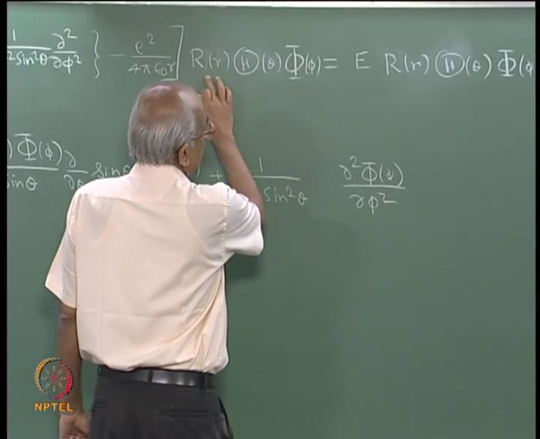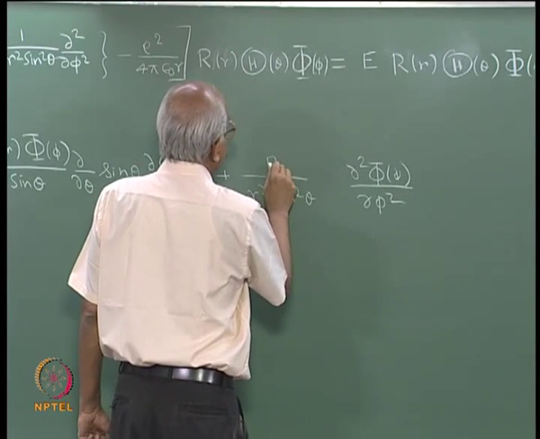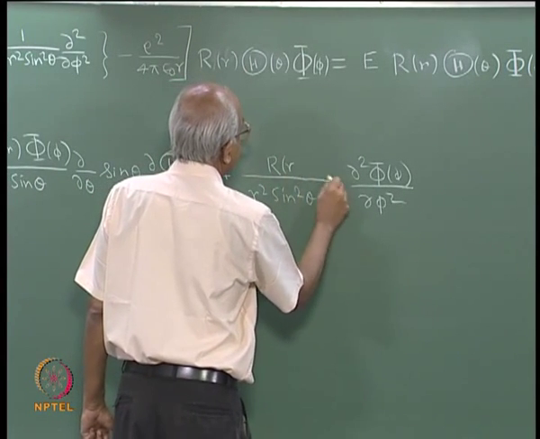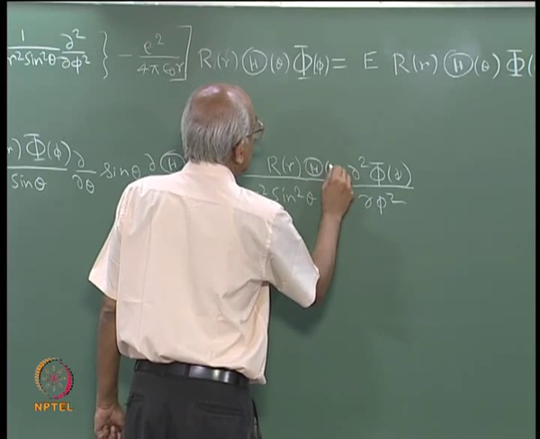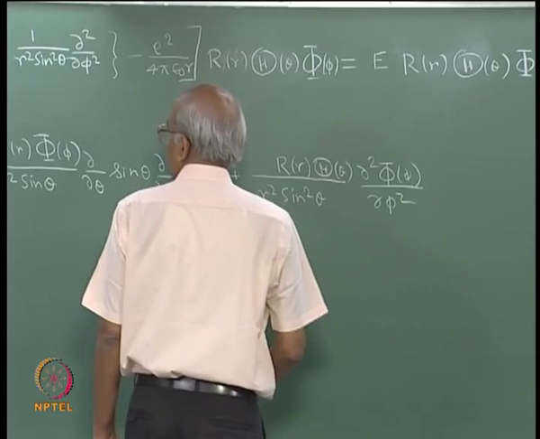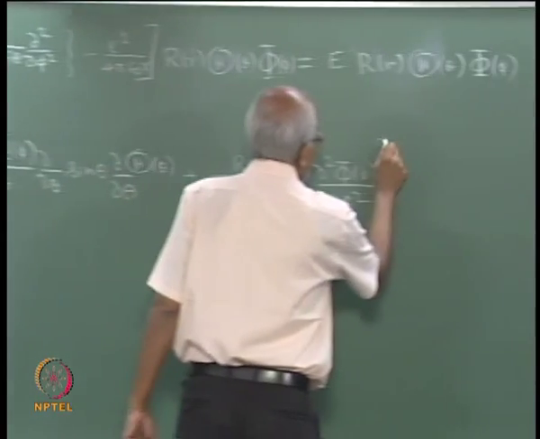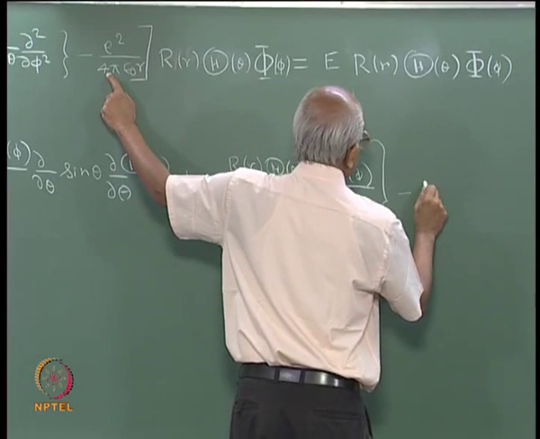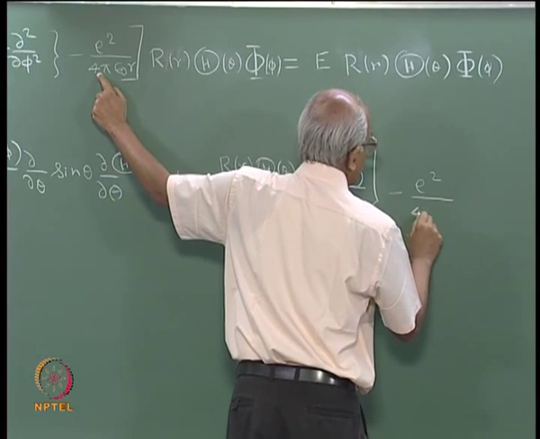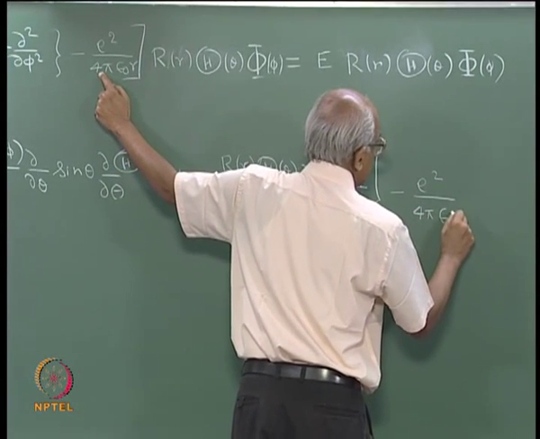And capital R and capital theta are unaffected, so I can write them here. And let me now complete this bracket, then write this term, which is minus e square divided by 4 pi epsilon 0 r.